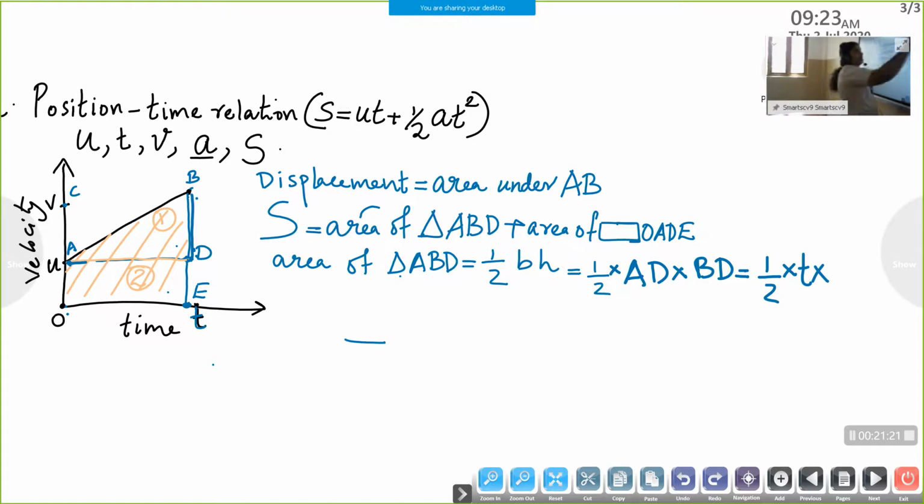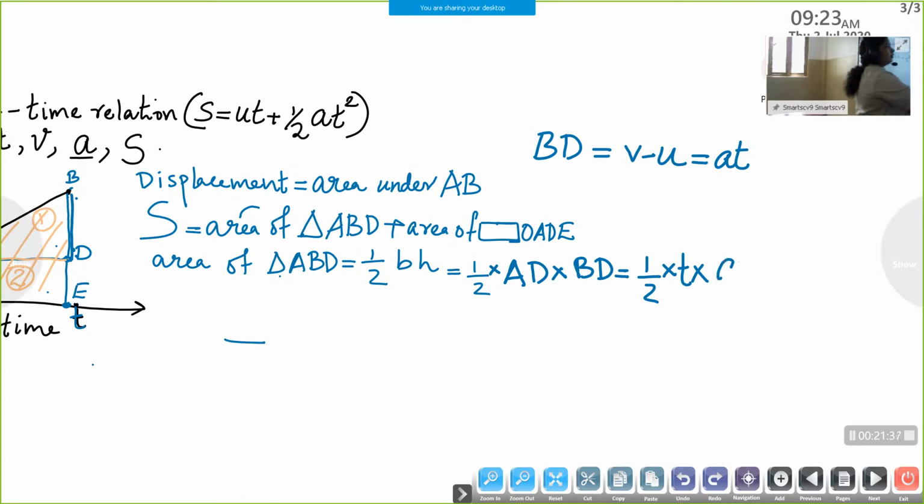BD we have already seen in the first equation. Yes, BD is equal to V minus U, and V minus U is equal to AT. So half into T into AT. Okay, it is half AT square. T into T is T square. So we have found the area of triangle.